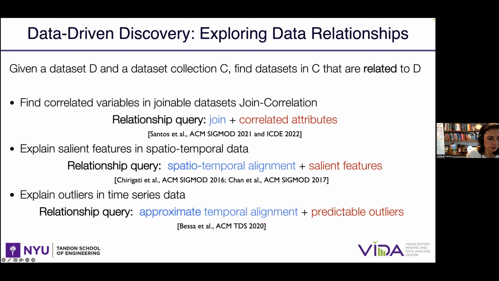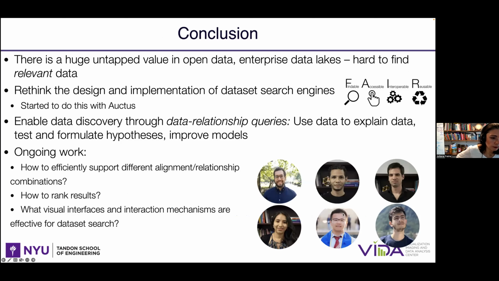So, to conclude, I think that there is a huge untapped value in open data, as well as in enterprise data. We have lots of data, but it's hard to find data relevant to a particular information need or analytical task.